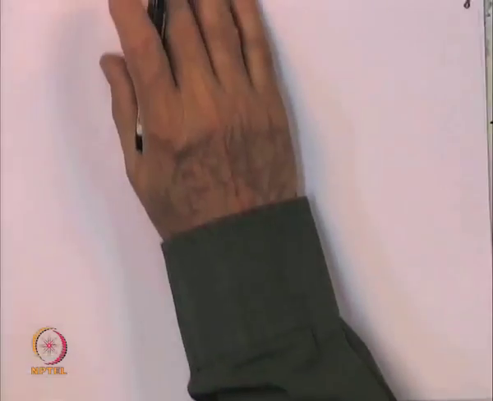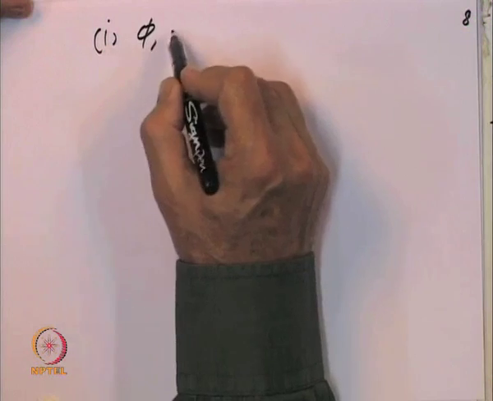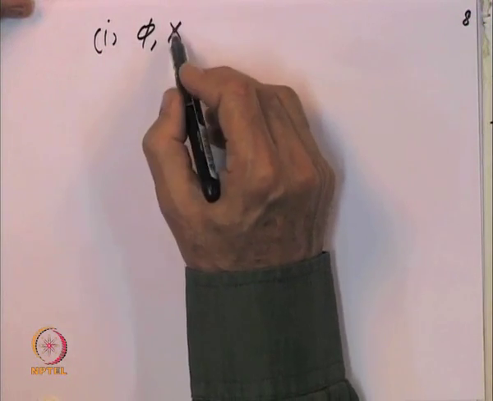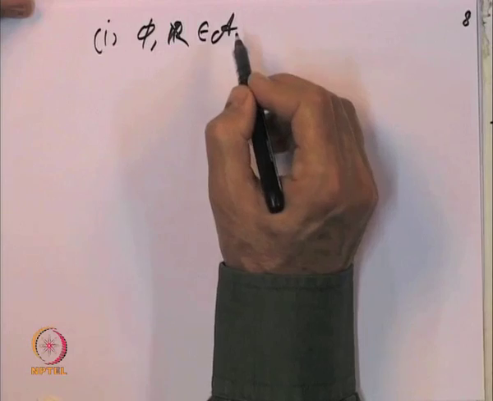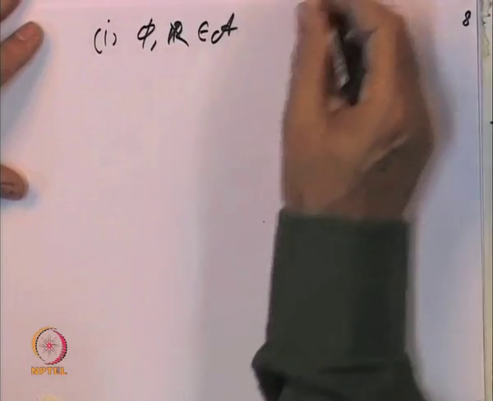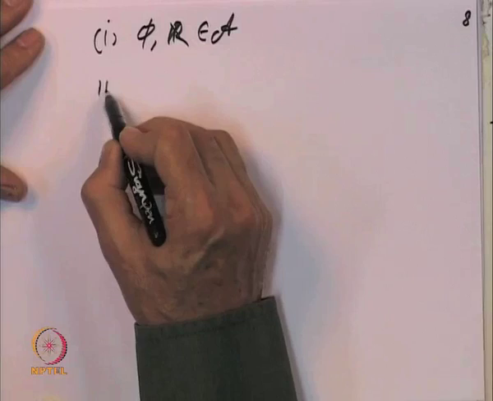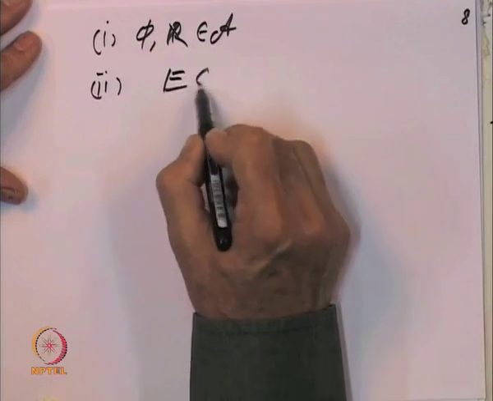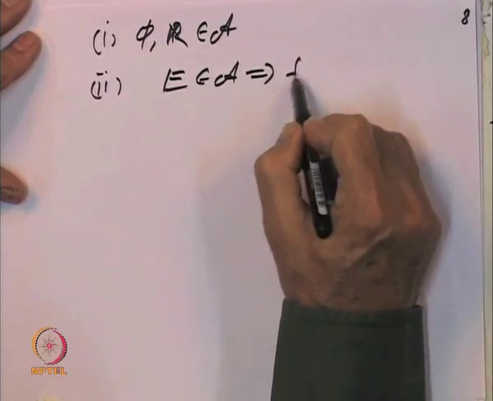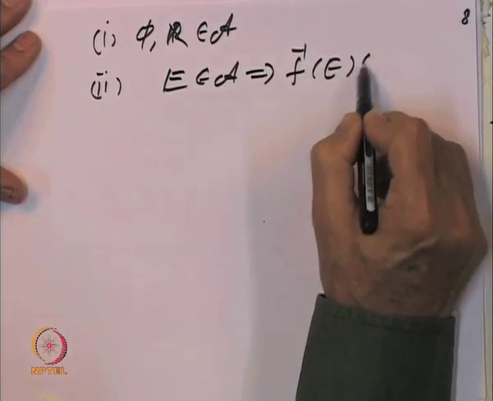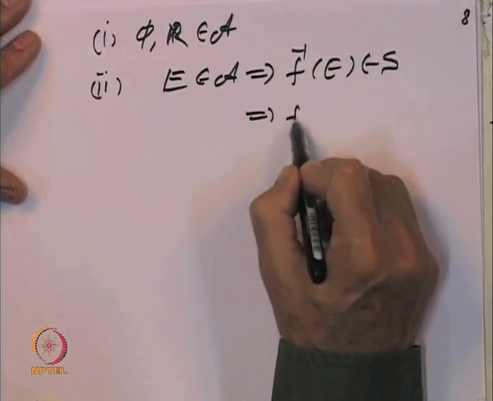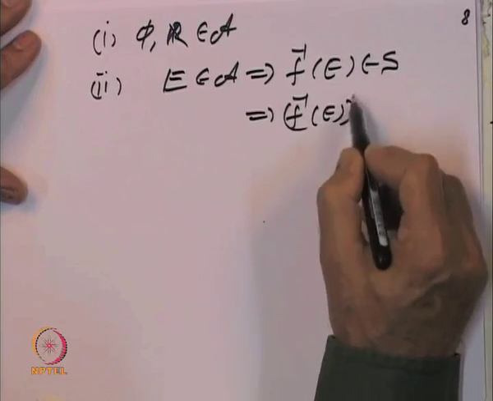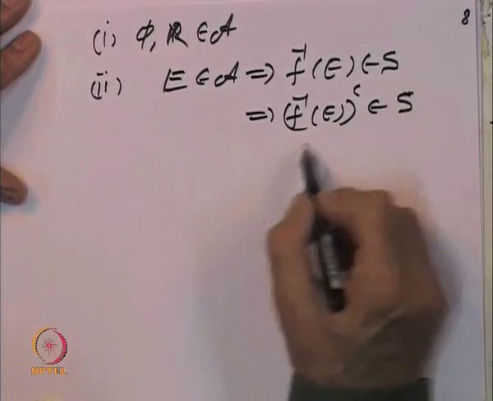So, let us check that A is a sigma algebra. So, why is A a sigma algebra? So, clearly the empty set and the whole space R belong to A, right, because X and the empty set belong to S. Secondly, let us observe that if a set E belongs to A, it means that f inverse of E belongs to S, and that implies that f inverse of E complement belongs to S, because S is a sigma algebra.